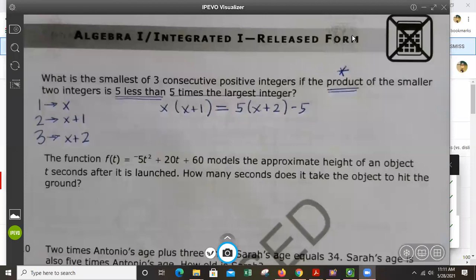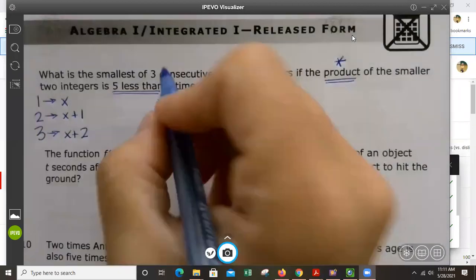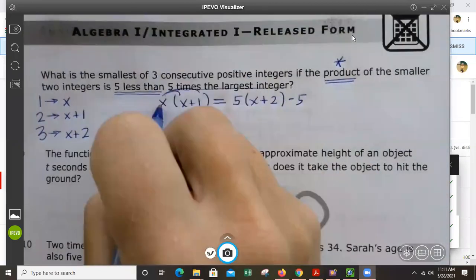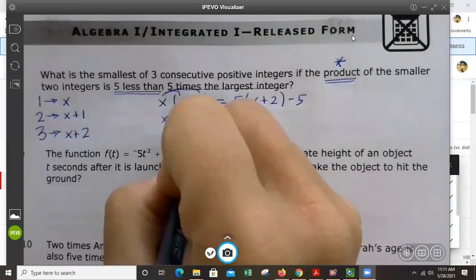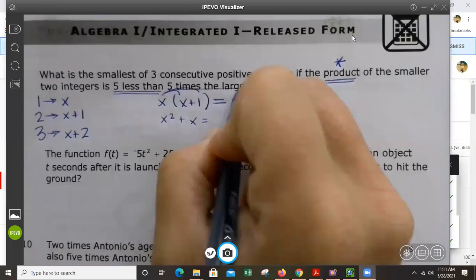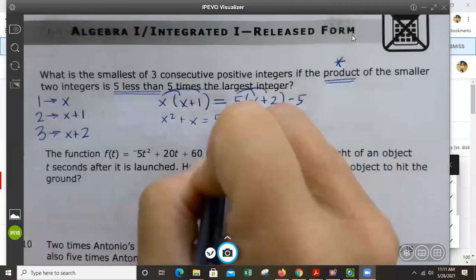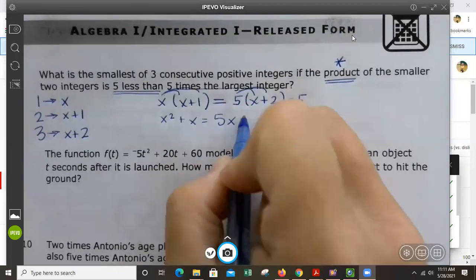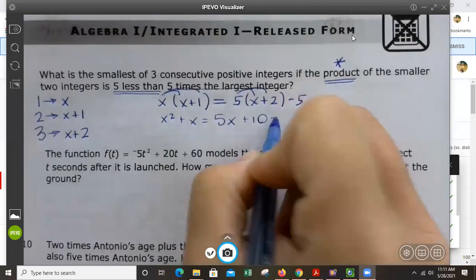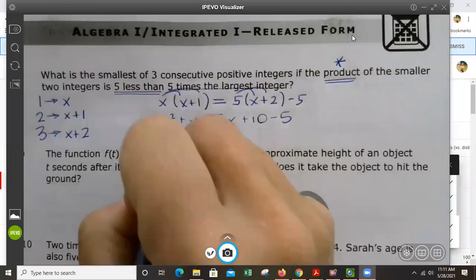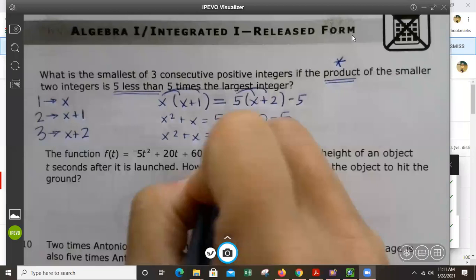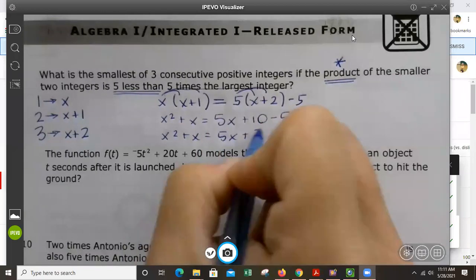And now you're just solving. When we have parentheses, we're going to distribute. X times x is x squared. X times 1 is x. Distribute again. 5 times x is 5x. 5 times 2 is 10. And then we have a minus 5. Clean it up. We have x squared plus x equals 5x plus 10 minus 5 is 5.